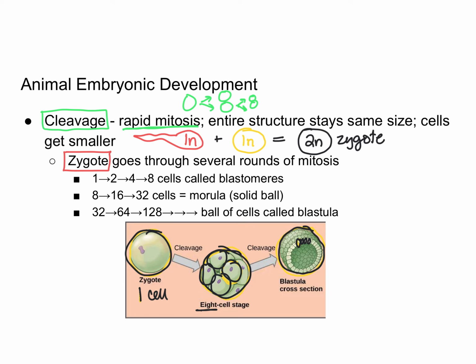So when the zygote goes through the first couple rounds of mitosis, and each one of these arrows is representing a round of mitosis, when that zygote goes through one round of mitosis, it's going to form two cells that are identical to each other. Those two cells are going to go through mitosis to form 4 cells that are identical to each other.